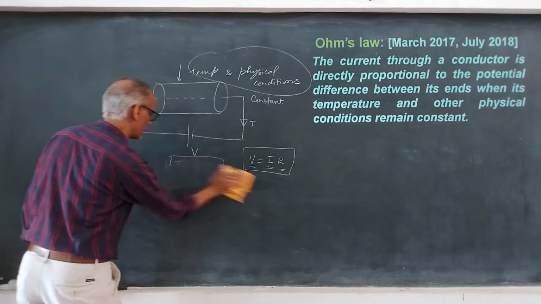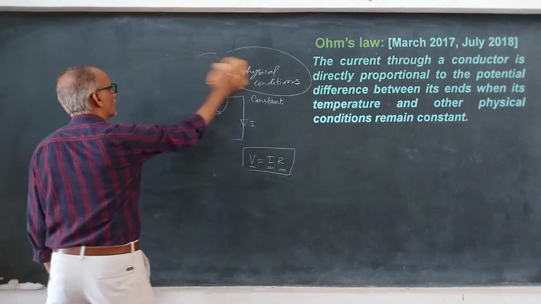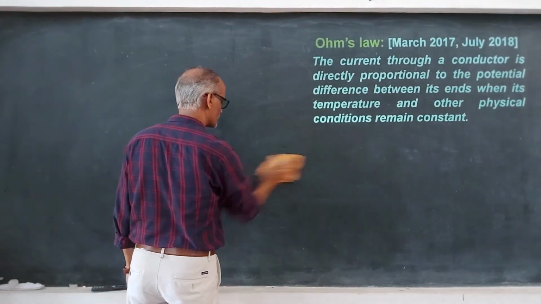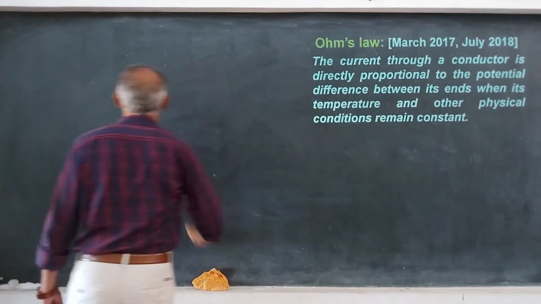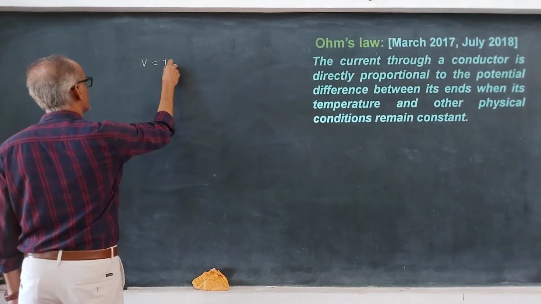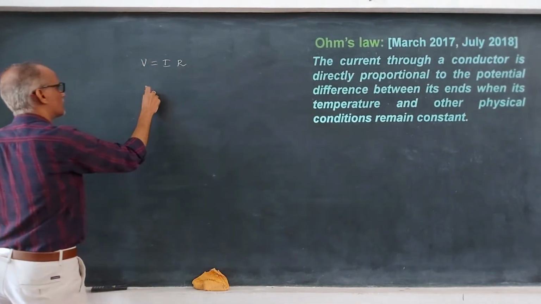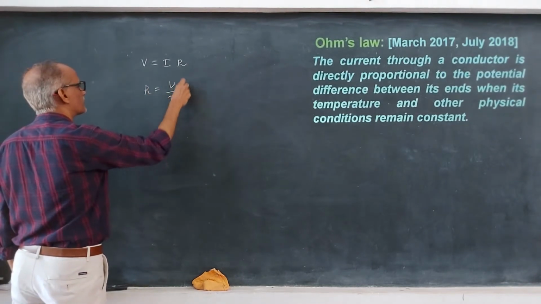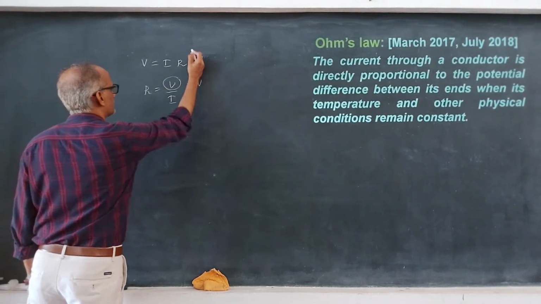So, what is the mathematical form of Ohm's law? The mathematical form of Ohm's law is that V is equal to I into R, where R is equal to V by I. V is measured in terms of volt.